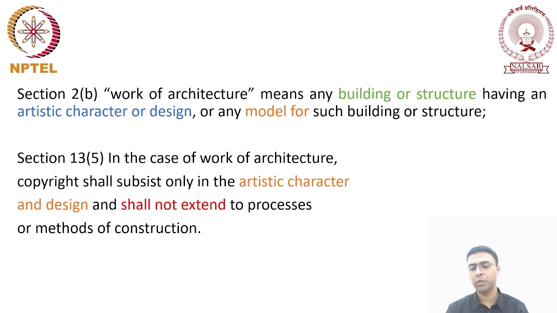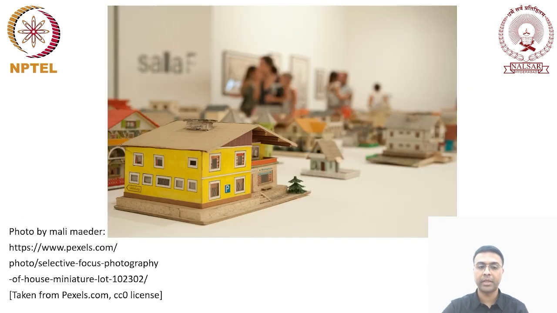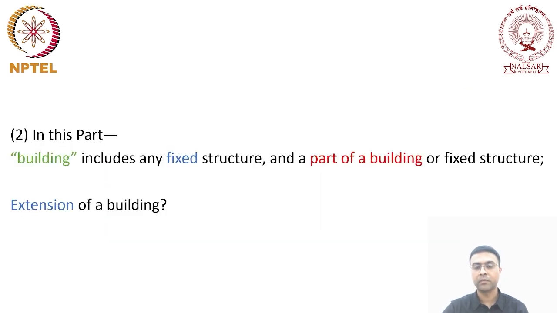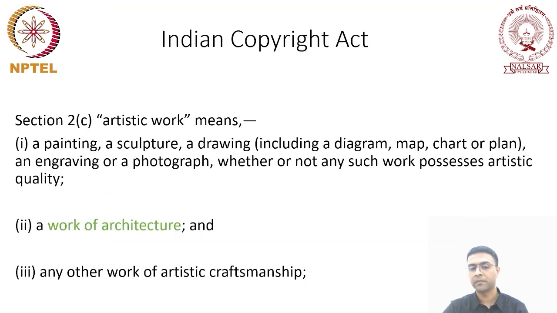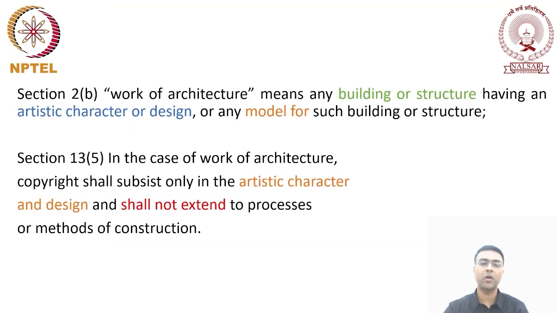One of the features that you will see is slightly different: unlike how a building has been explained under the UK Copyright Act, wherein it says that a building is a fixed structure, a building has not been interpreted within the Indian Act.